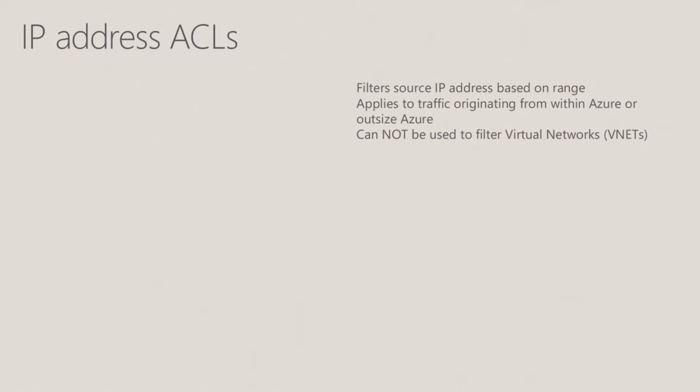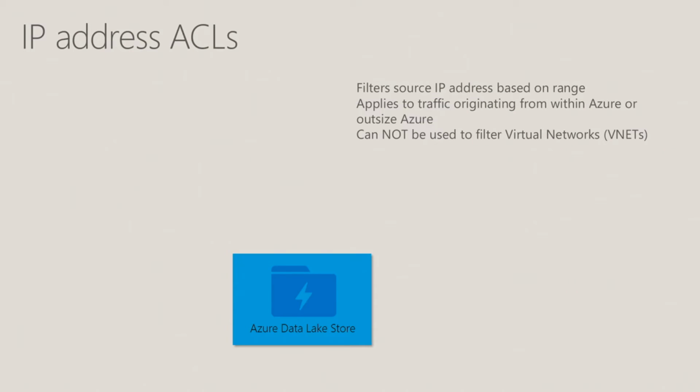Another concern of customers is they want protection not just based on who is accessing it, but where it is being accessed from. And we have IP address-based ACLs. So you can provide exclusively which IP addresses should be able to access this Azure Data Lake Store. In this example, you have Azure Data Lake Store at the center.